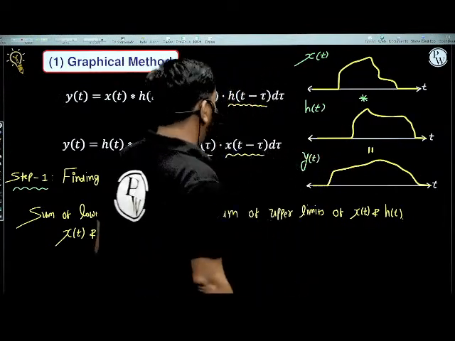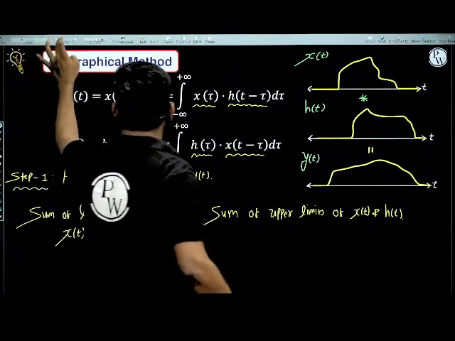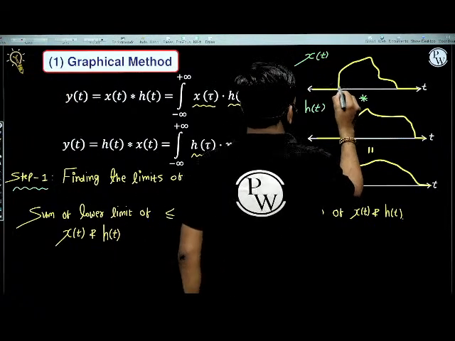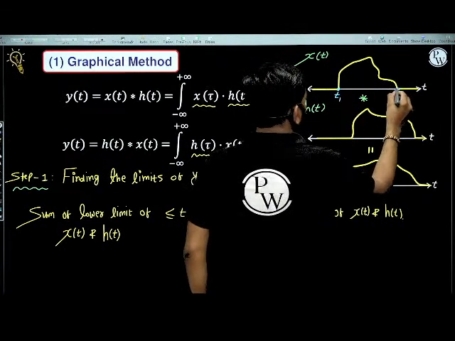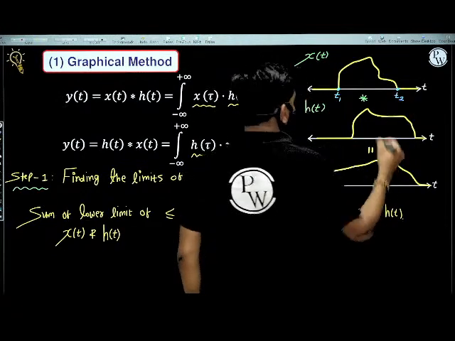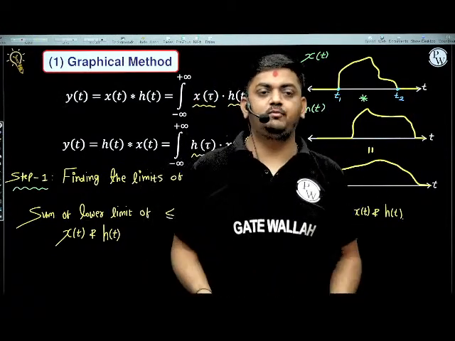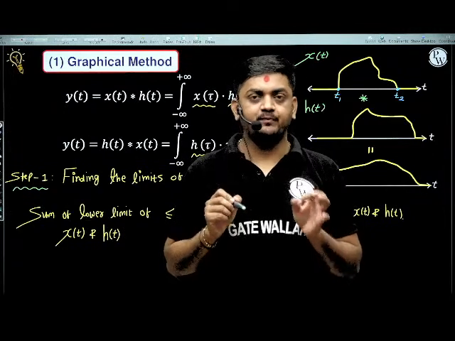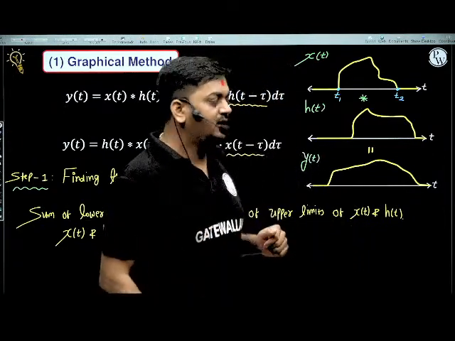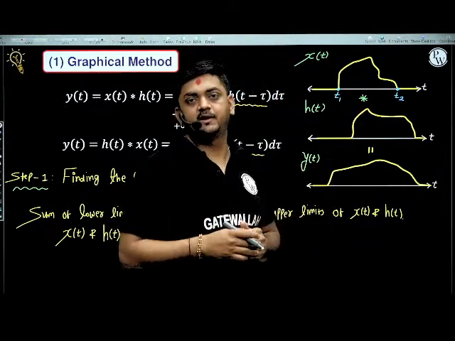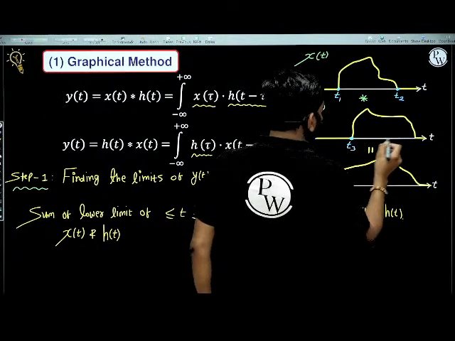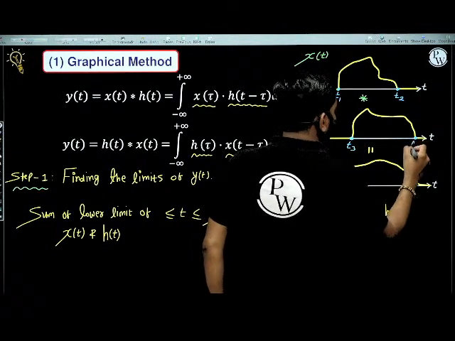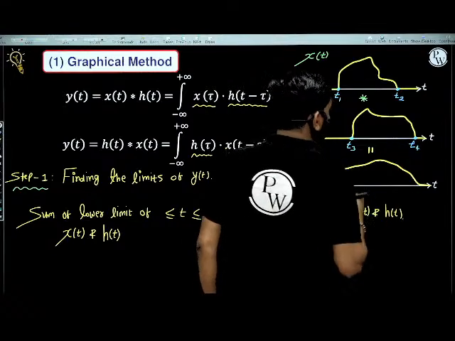Now this signal has a lower limit. Let us consider the lower limit is t1 and the upper limit t2. That means x of t has non-zero amplitude between t1 and t2, where t1 is the lower limit of x of t and t2 is the upper limit of x of t. Similarly, let us consider h of t has lower limit t3 and upper limit t4.